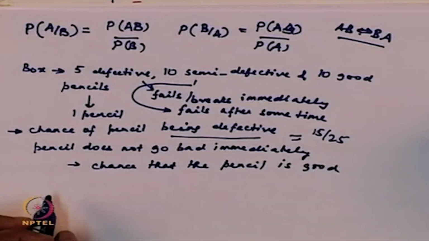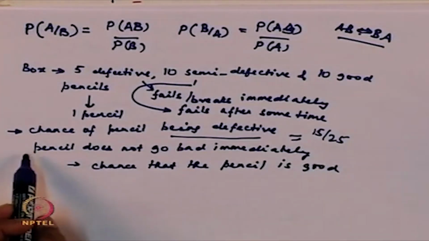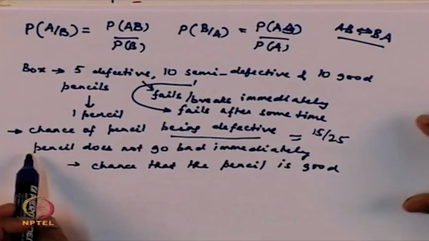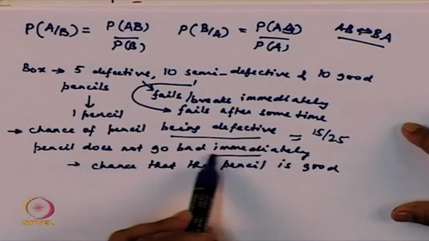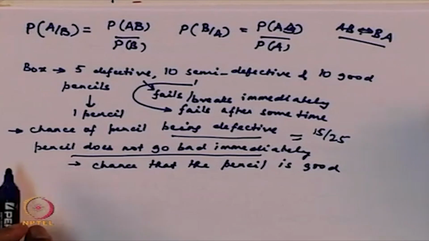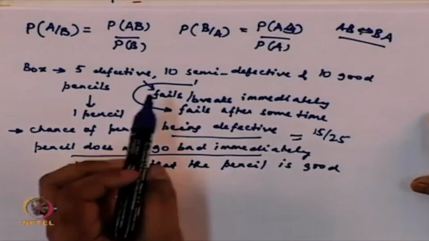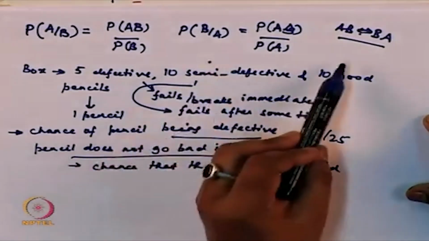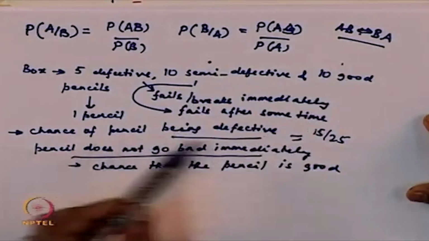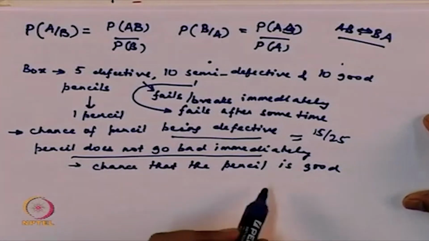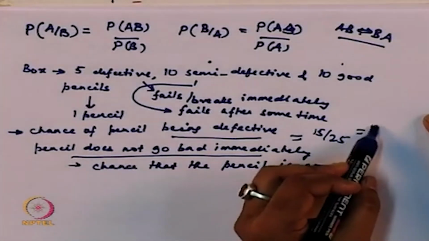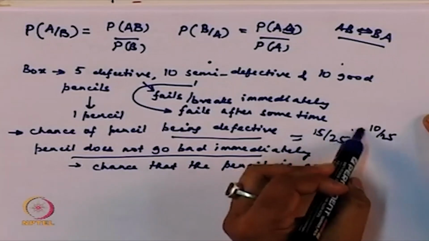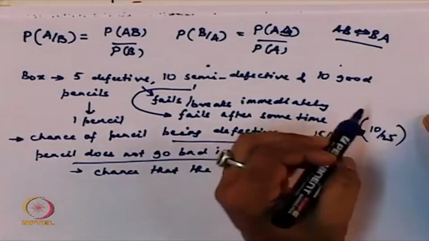This is an example of conditional probability. If I have the statement that the pencil does not go bad immediately, it means that I have either chosen a semi defective piece or a good piece. So, under this case what is the probability that the pencil is good? Without the condition it was simply 10 by 25. So, this is the chance of the pencil being good.